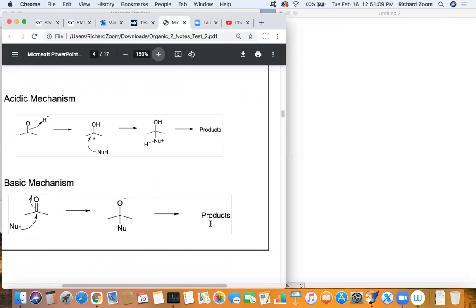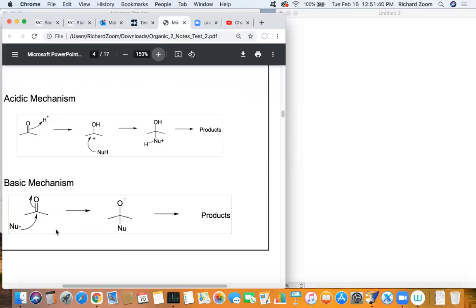So when we're looking at the general mechanisms for aldehydes and ketones, you'll see they fall into two categories. There's an acidic mechanism, which uses H+, and that's what I mean by acidic. Generally, the H+ adds to the C double bond O, the H joins to the O, and the positive charge forms on the C at the bottom of the C double bond O. Then some nucleophile comes in and that leads to products.